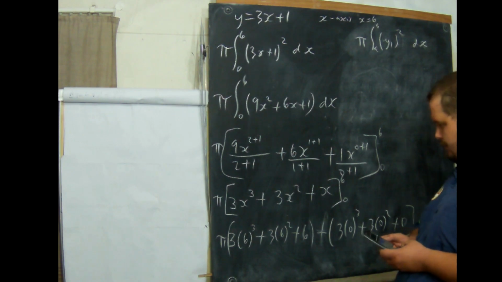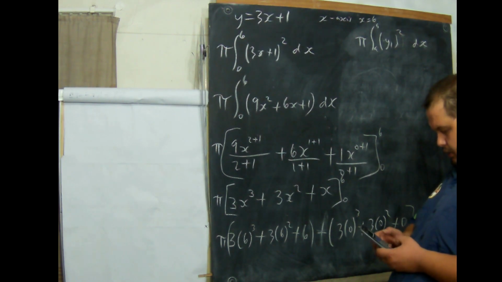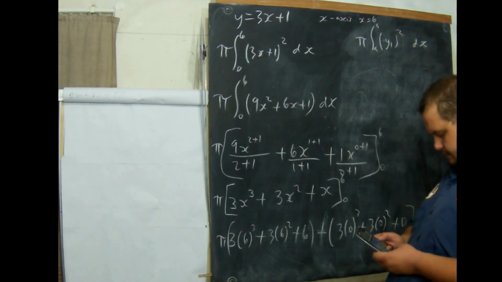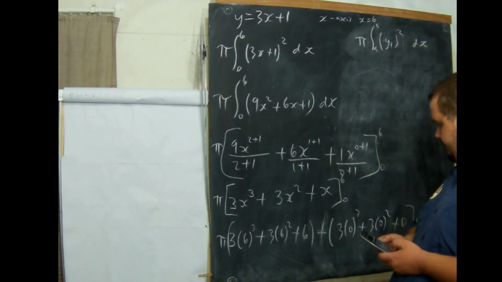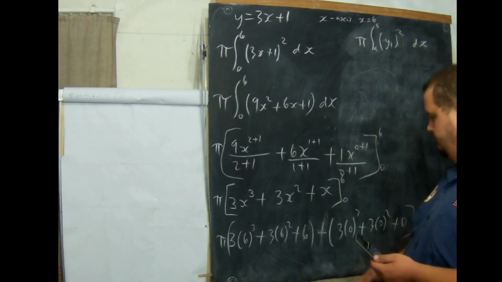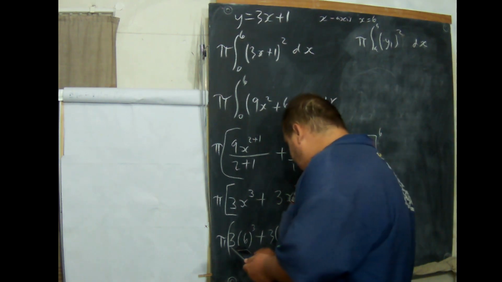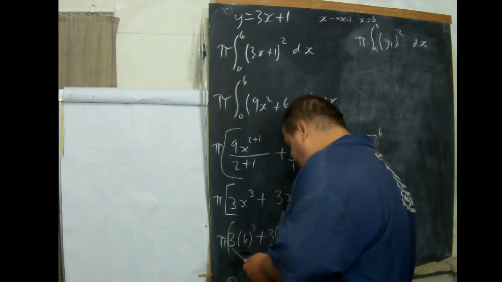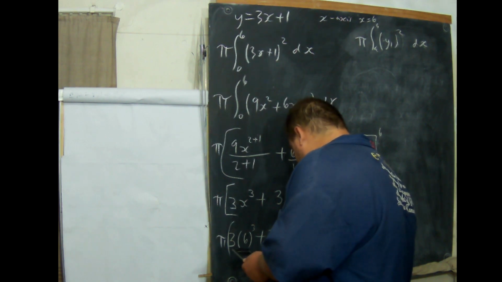So 3 times 6 cubed plus 3 times 6 squared plus 6, and it's pi times 762.